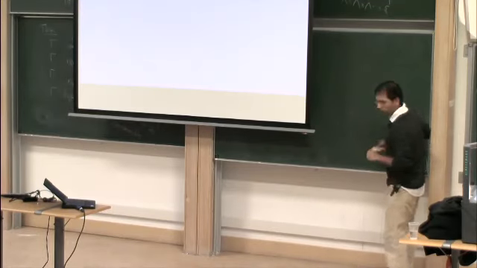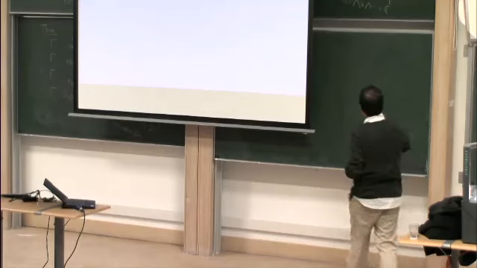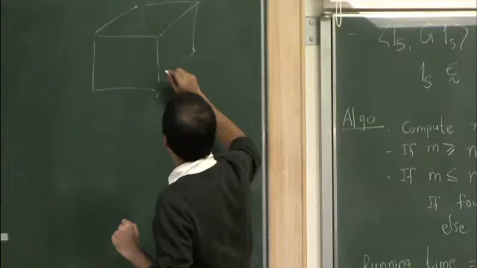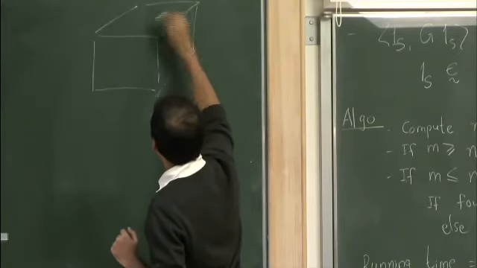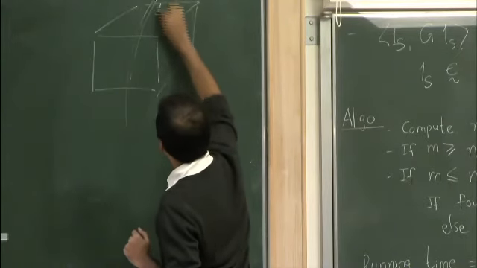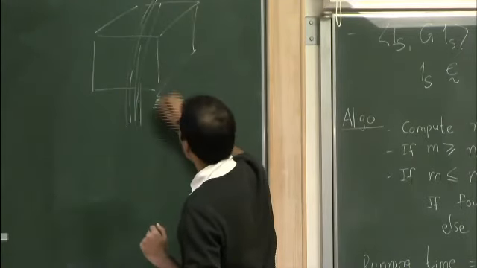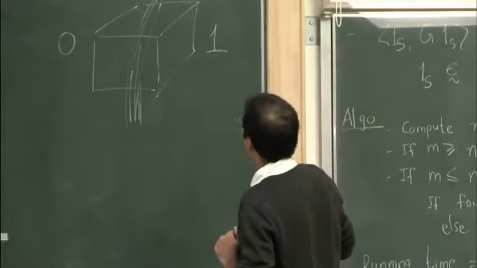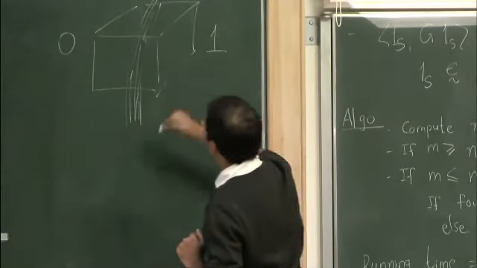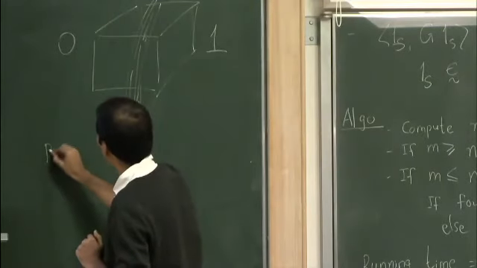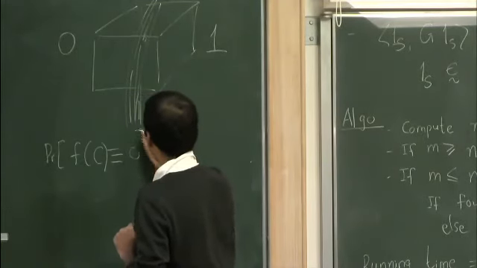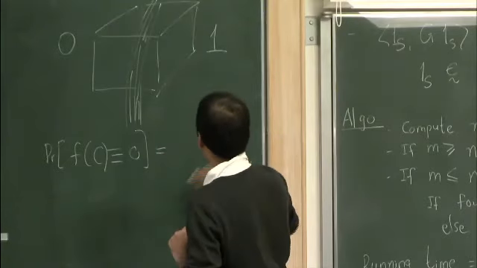and you can look at the following example. So this is a hypercube. First start with a dictatorship function. So it's 0 here and 1 here. Now it's clear what the probability is that the function is identically 0 on a random subcube.